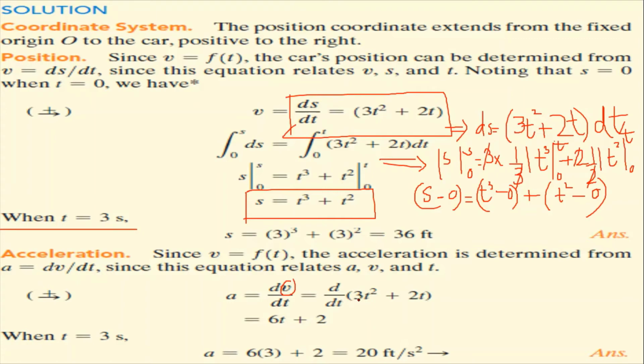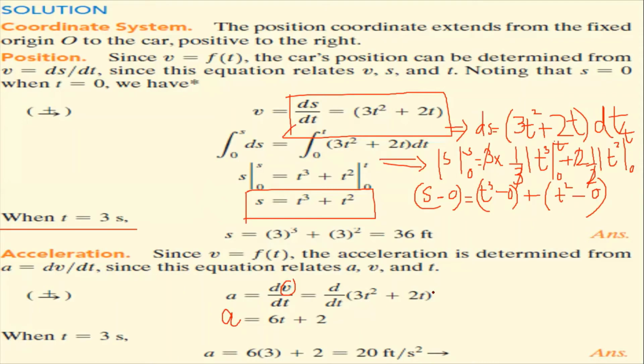When we differentiate it, it will become 6t, because when differentiating the power becomes less, plus 2, t will become power 0. So 6t plus 2 we will get after differentiation. Now you put the value of t equals 3 seconds. So 6 into 3 plus 2 equals 20 feet per second square. So this is the way to calculate acceleration and position if the equation is given to you.